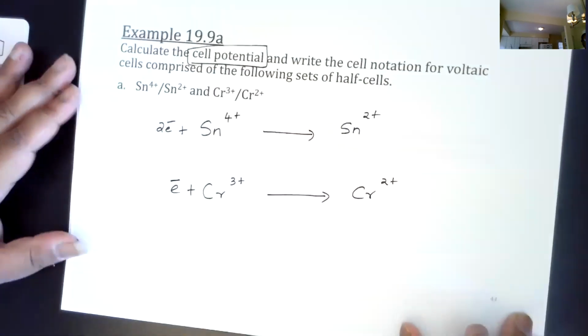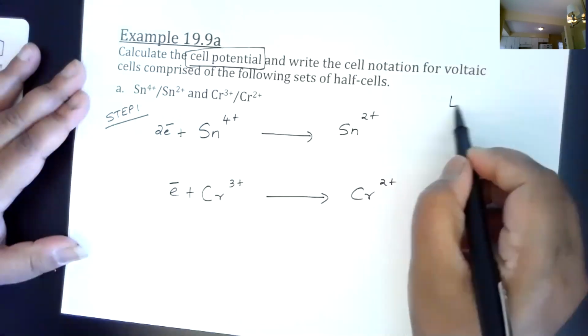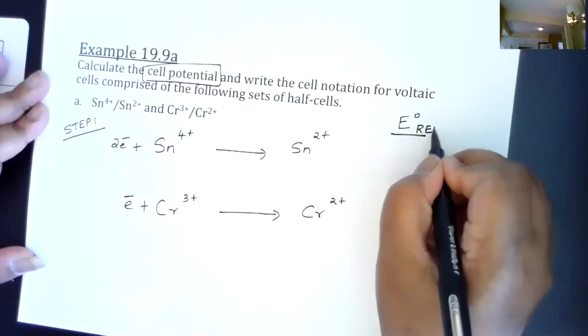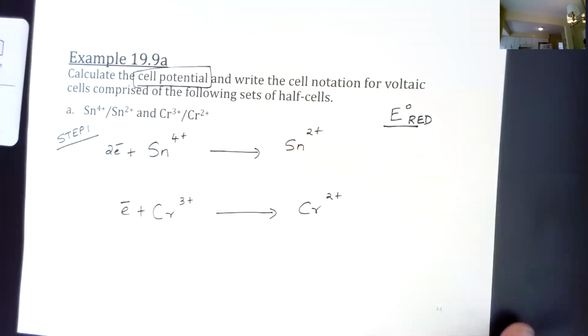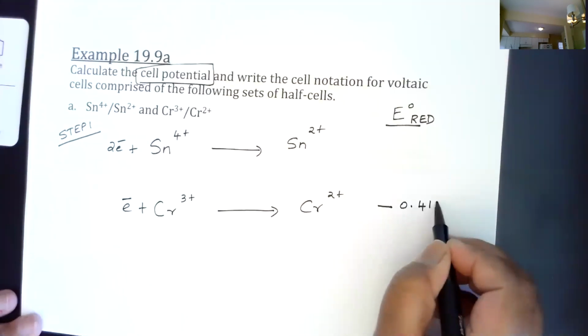Okay. First step, write the half reactions, and it's important that you write reduction. Can you find the values from your tables? Cr3 plus plus an electron is negative 0.41 volt.